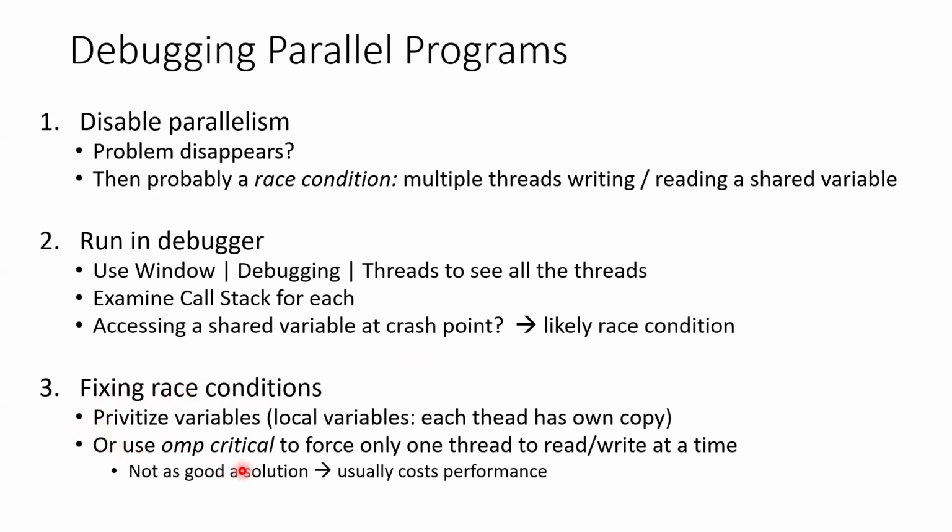You'll need to use the OMP critical to force that section such that only one thread can read or write at a time. This is not as good a solution because it costs performance, so only use it when you need to, only when the variable is not privatizable.